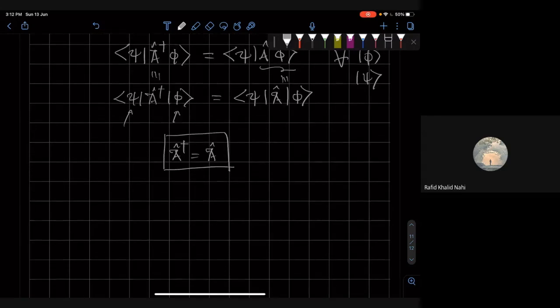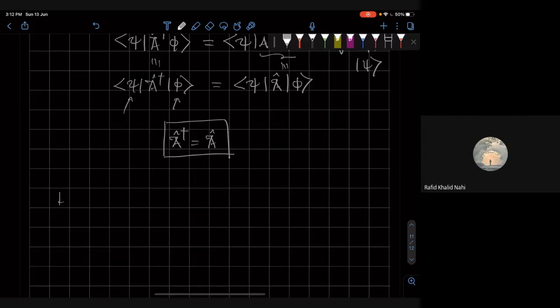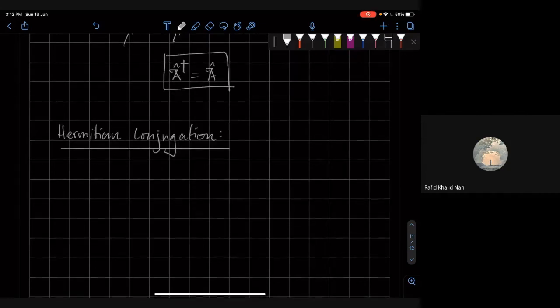The Hermitian conjugation has some interesting properties, and I leave it to you to prove for yourself, because then you basically get to understand all this adjoint stuff.